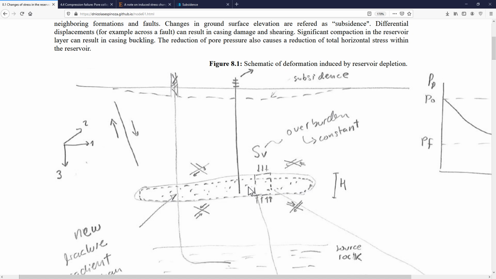And how that total horizontal stress changes is going to affect the fracture grading through this formation.